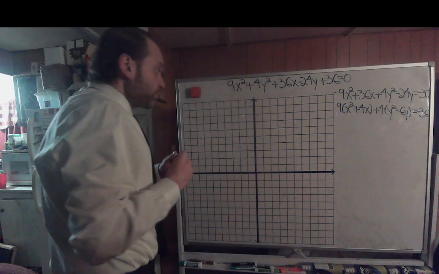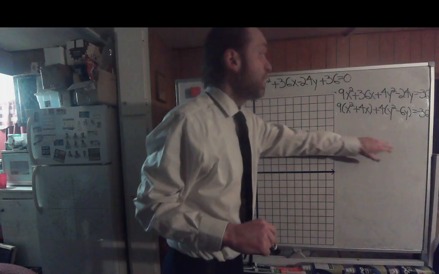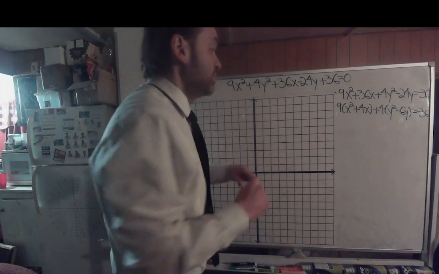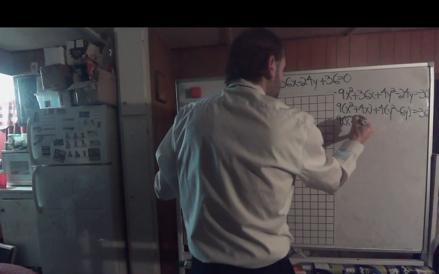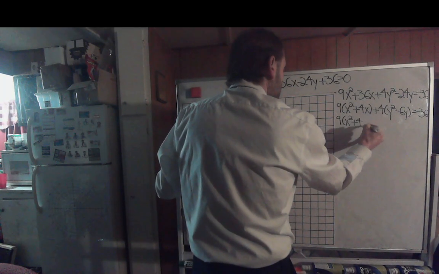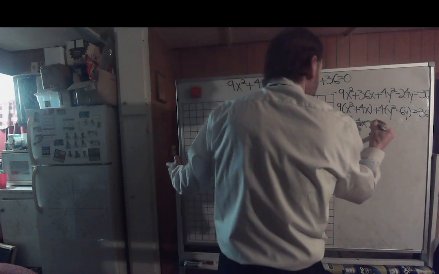Now, what you want to do is complete the square on each of these variables. So keep the 9 outside of your parentheses. If we complete the square of x squared plus 4x, 4 divided by 2 is 2, 2 squared is 4.